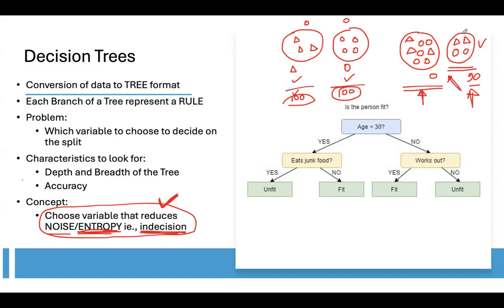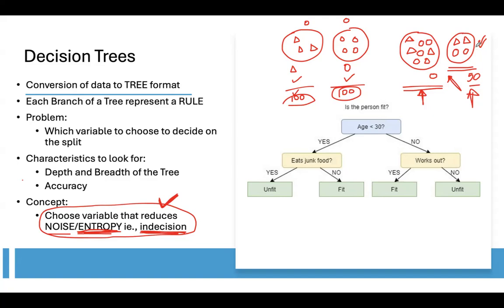And what about this? In this particular scenario, which is the fourth scenario, you have got 50-50, both the circles and the triangles. So what would be the level of noise here in the fourth scenario? What would be the level of noise or the level of indecision, or you can call it entropy, whatever you want to call it?